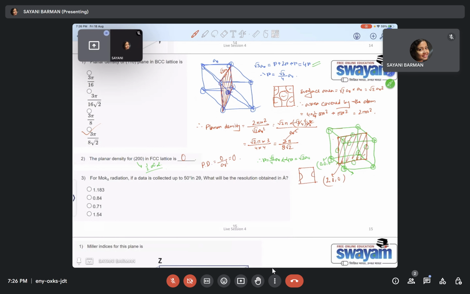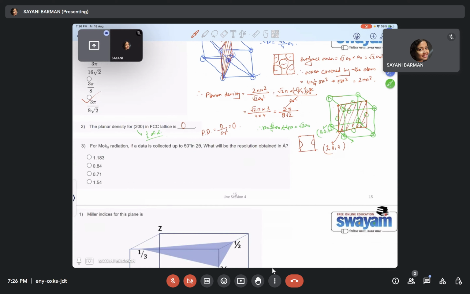Now, for Mo K alpha radiation, if data is collected to 50 degree 2 theta, what will be the resolution in 1 per Armstrong? Now we know from Bragg's law, n lambda equals 2d sine theta.